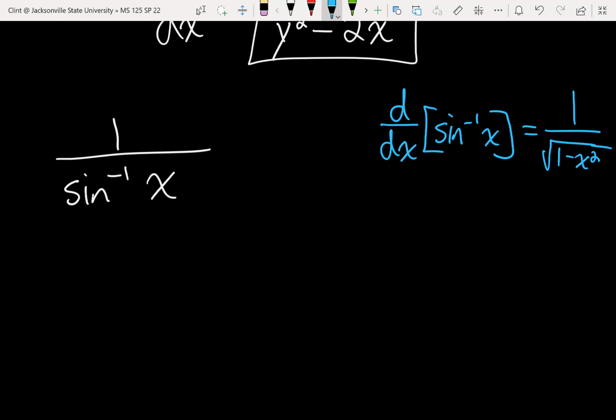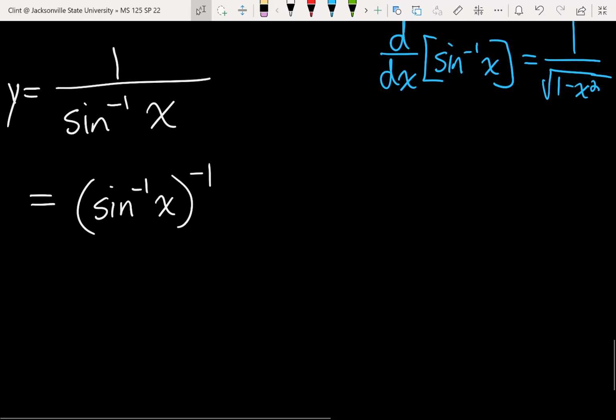So we want our derivative here, so we're calling this y, right? One thing we can do, we can move inverse sine up to the top, just a rewrite. And then when we go to find dy dx, we can use chain rule.